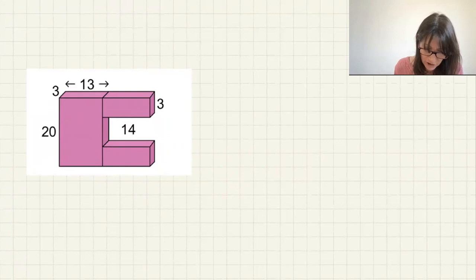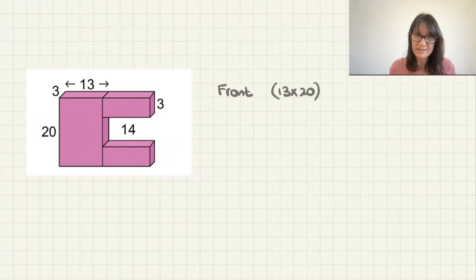So looking at the cuboid, I can see that the first one here is going to be 13 times 20. So I've got the front, which is going to be 13 times 20. But that's not all it is. I'm also going to need to add to this.